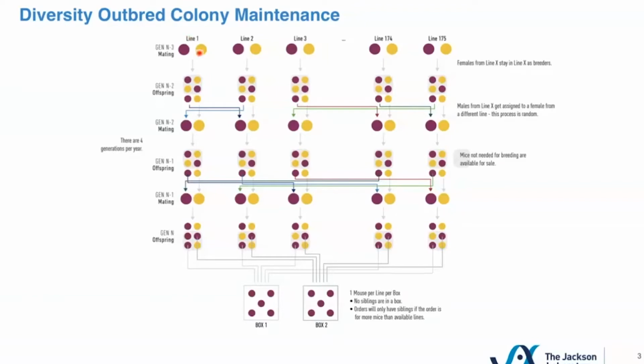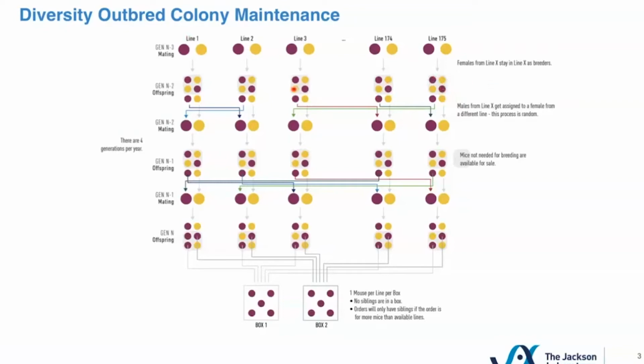Once each one of those 175 lines produces offspring, a subset of those offspring will be set aside for mating in the next generation. All the progeny that are left over from that series of matings can be sold to customers.